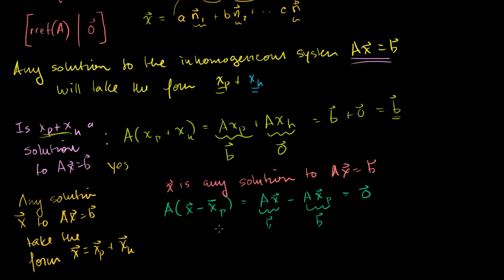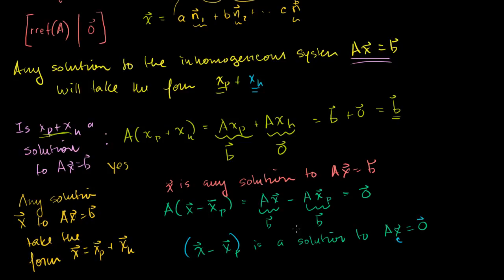Or another way to think about it is the vector x minus our particular solution is a solution to A times x is equal to 0. Think about this. If you take this in parentheses right here and you put it right there, when you multiply it times A, you get the 0 vector. We just did that.